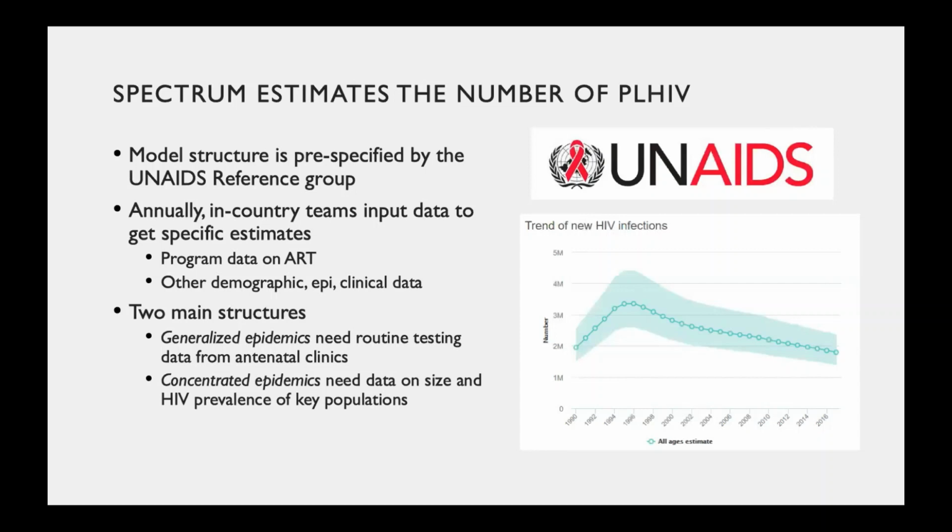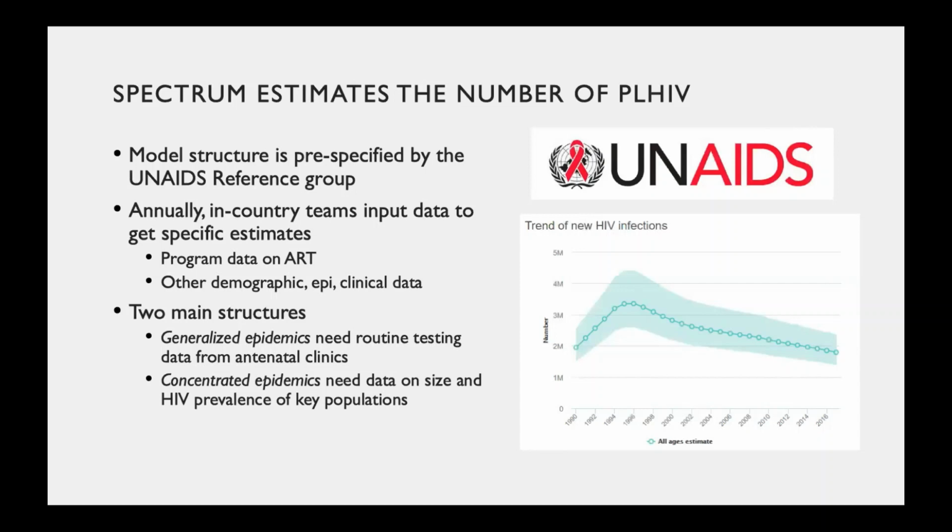I also want to note that this spectrum model is made for two different settings generally. You have generalized epidemics, which have an HIV prevalence greater than 1% in age groups between 15 and 49, as well as concentrated epidemics, where the prevalence is lower than 1%.